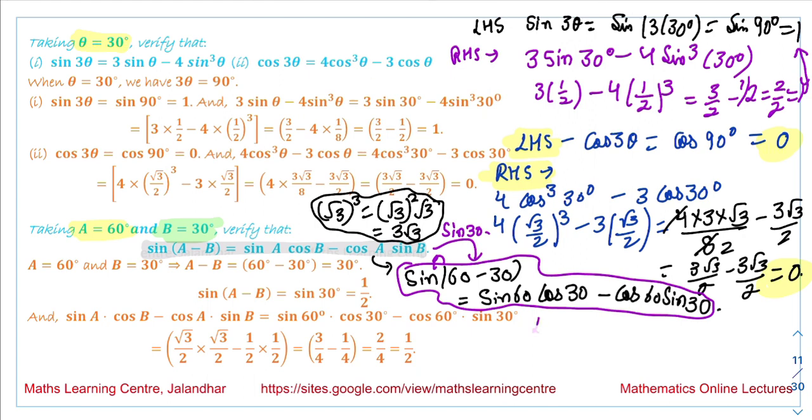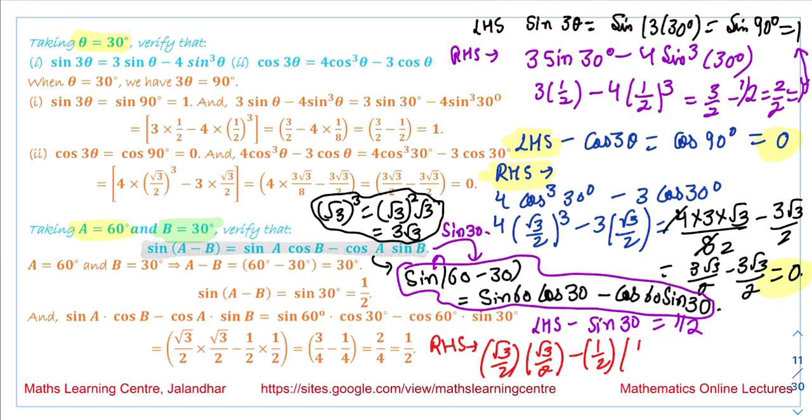Now if we take LHS, it is sine 30 and the value of sine 30 is 1 by 2. When we talk about the RHS, it is sine 60, whose value is root 3 by 2, times cos 30, which is root 3 by 2, minus cos 60, which is 1 by 2, times sine 30, which is 1 by 2. So the answer is 3 by 4 minus 1 by 4.